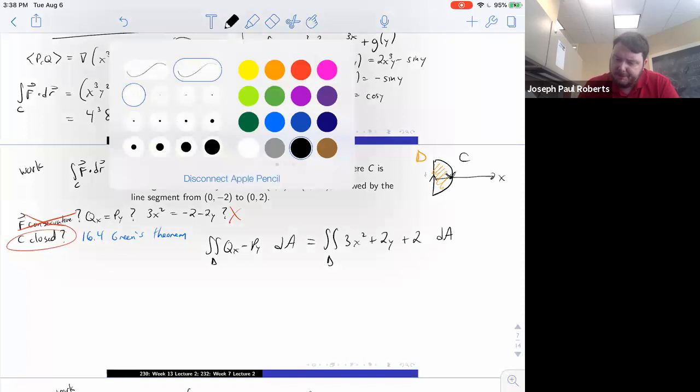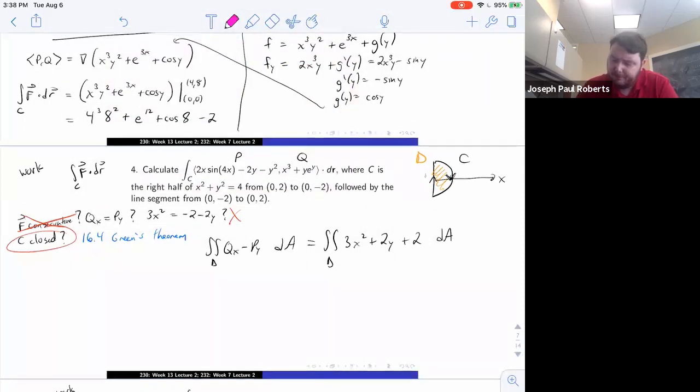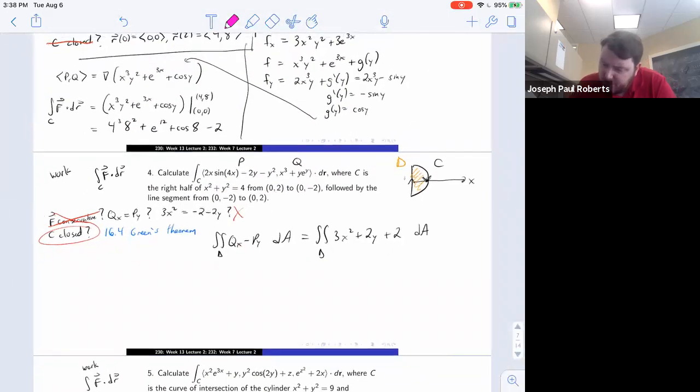And what do you know? Tossed in some shortcuts here. This region D that we're dealing with is symmetric over the x-axis, which means that this term, which is odd with respect to y, is going to integrate to 0.